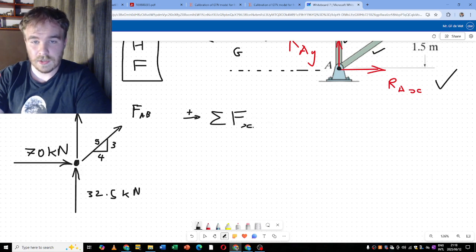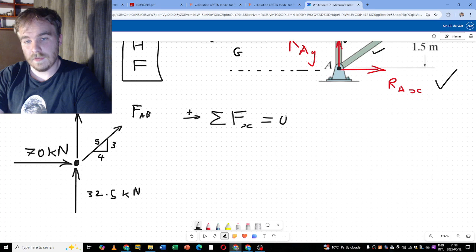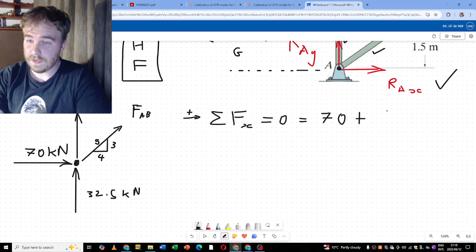So sum of forces in X direction equals 0. And then we have 70 kilonewtons plus, because this one is also in the positive direction, 4 over 5 FAB.